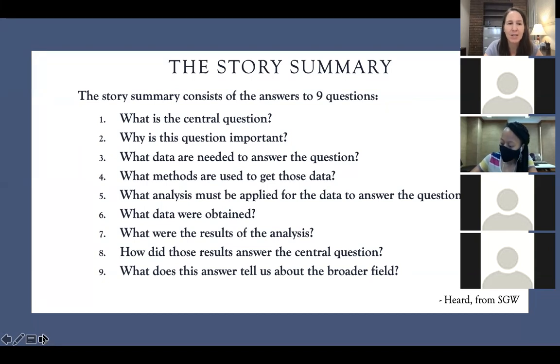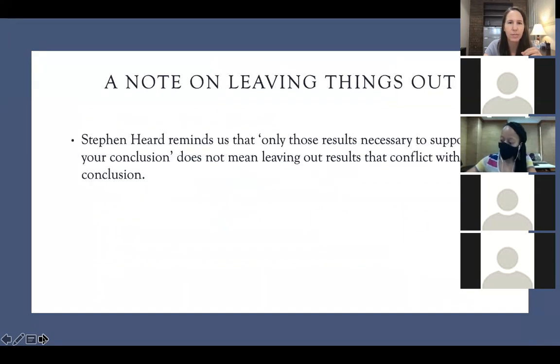But the idea is that you keep coming back to that mini summary so that everything is cohesive and you're not guessing, do I put this in the paper or not? Do I need to create a figure for this or not? It all needs to come back to that mini summary of your research story and how you're developing that story.